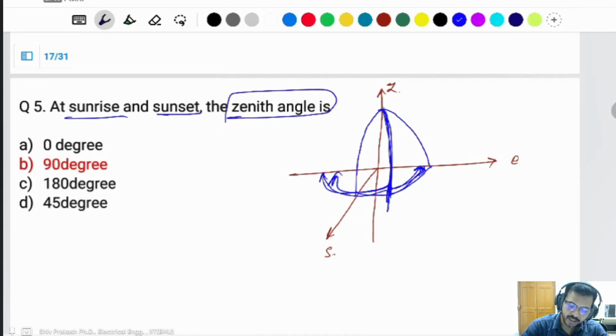You know the zenith angle is the top of this one. If you have a 90-degree zenith angle, at that day you can see the sunrise and sunset at the same time. That's why this will be the same angle, sunset and sunrise.